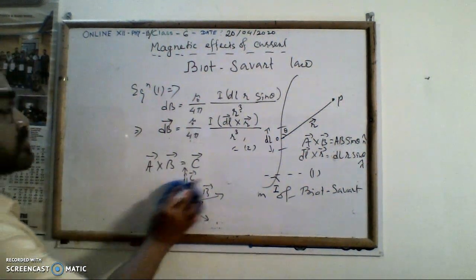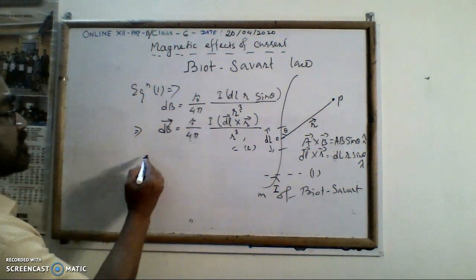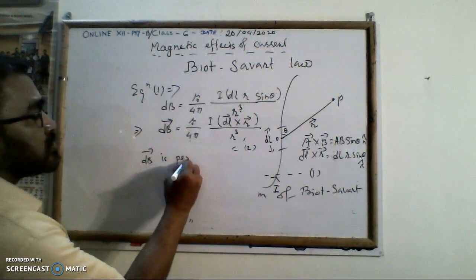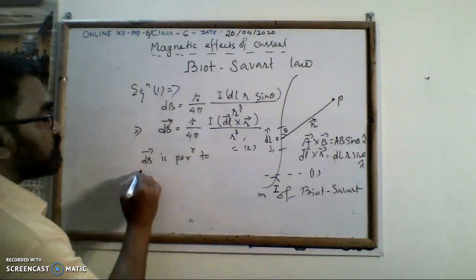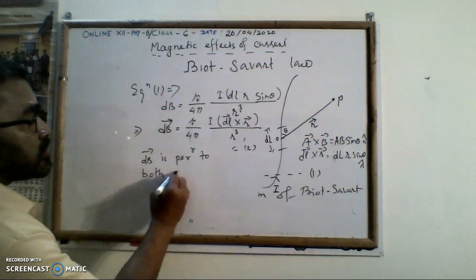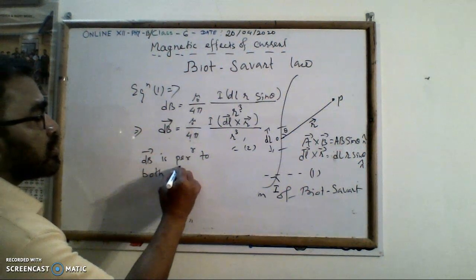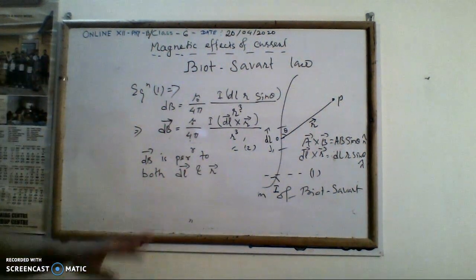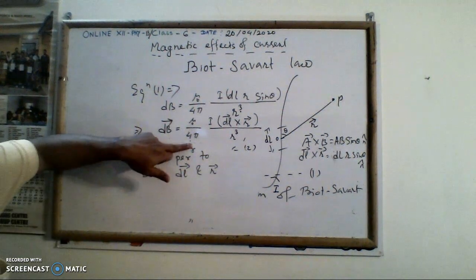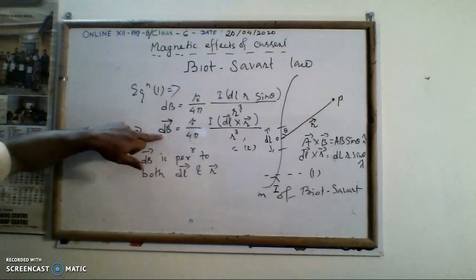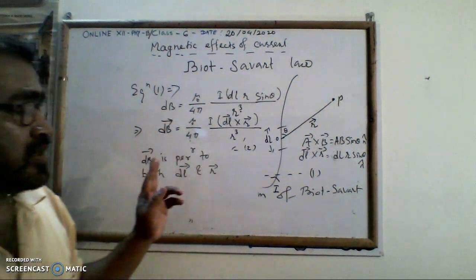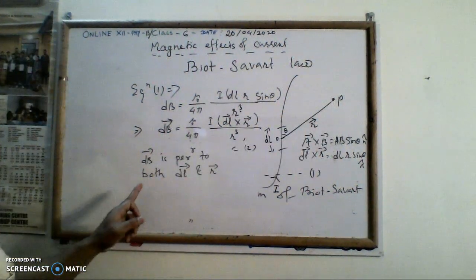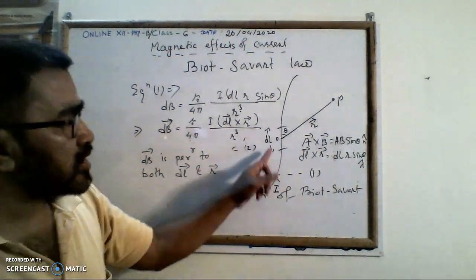In the same way, the dB vector is perpendicular to both the dl vector and the r vector. So we can write that dB, the magnetic field at this point P, must be perpendicular to both dl and r.